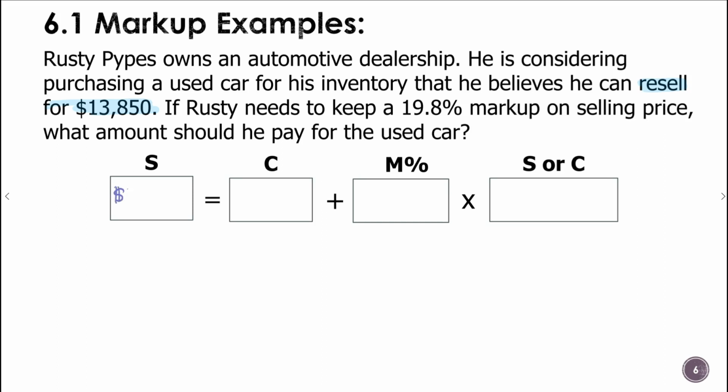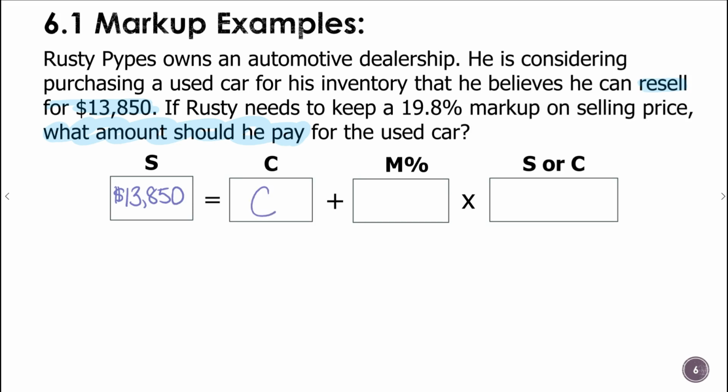And I'm going to put that in this box. If Rusty needs to keep a 19.8% markup on selling price, what amount should he pay for the used car? So what amount should he pay? That's going to be his cost. And so we don't know cost, and we're going to put a C right here.